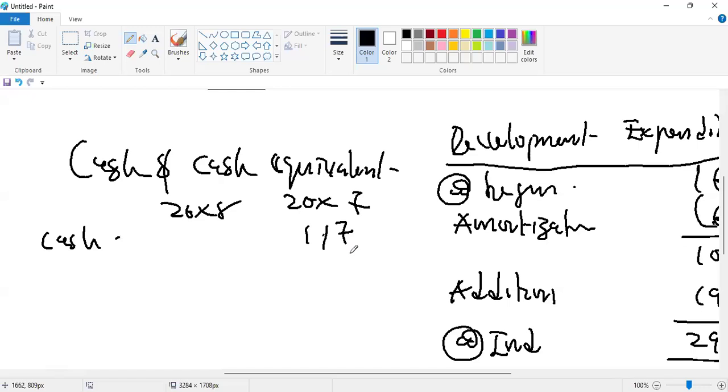In 2008, 29. Short-term investments in 2007, 46. In 2008, 143.